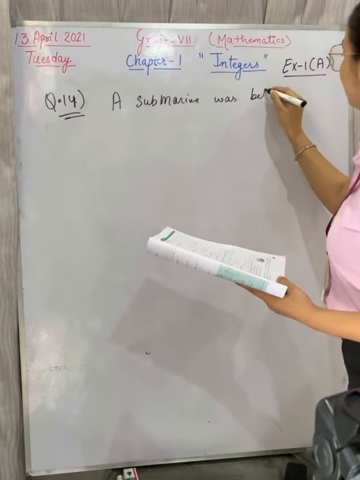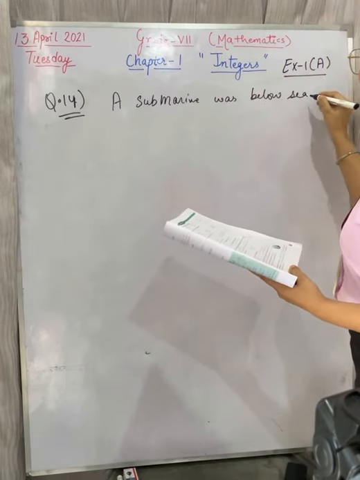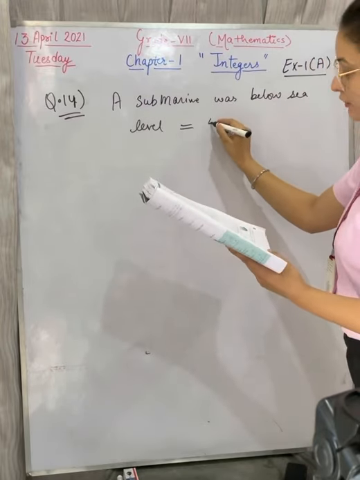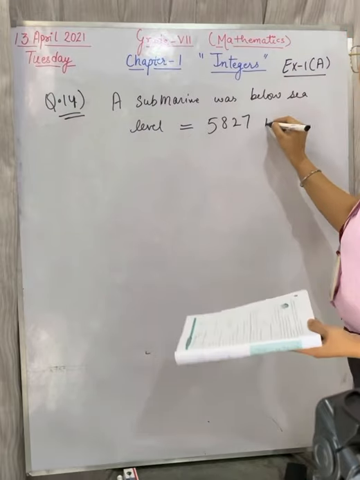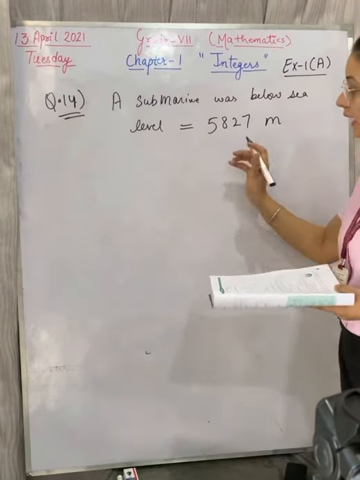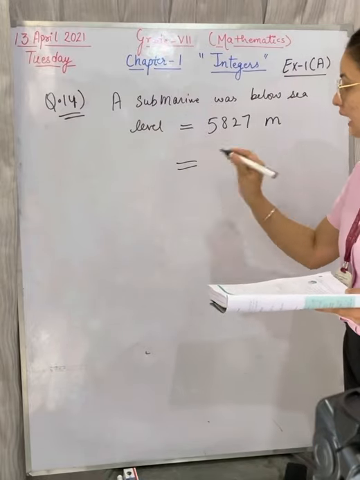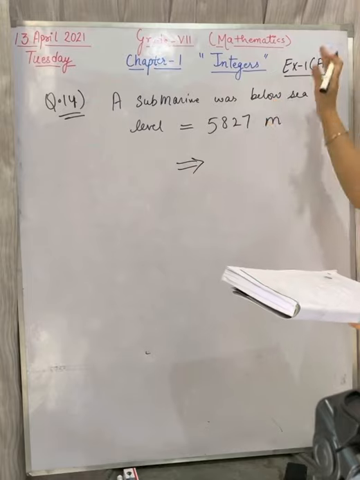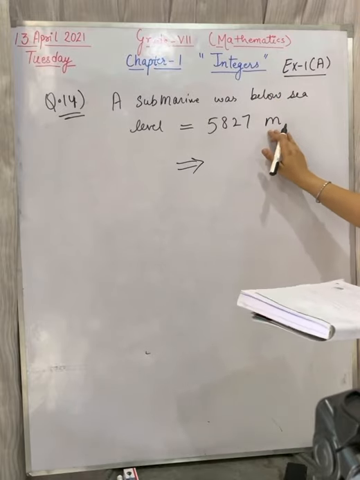Again, now please understand what is given and how you have to write. A submarine was below sea level, how much is that? 5827 meter.